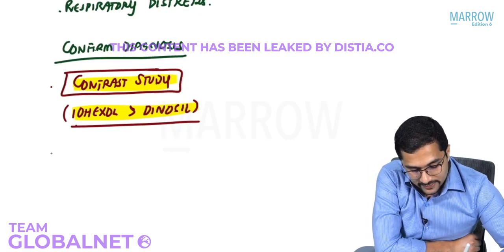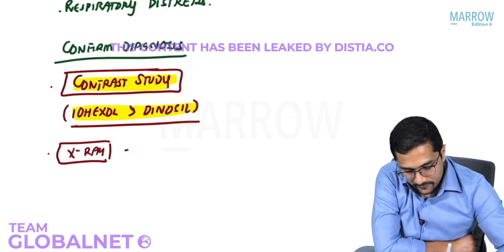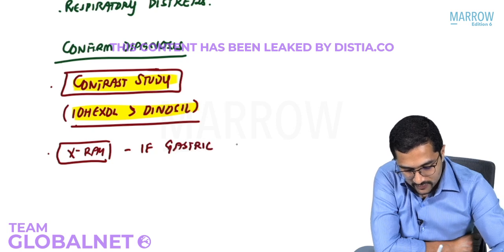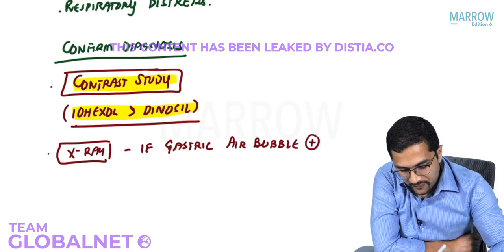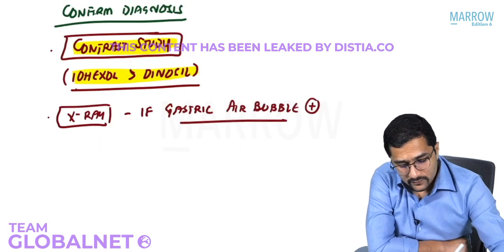Another indicator is that when we do an X-ray in these patients, if gastric air bubble is seen, or fundal air bubble is present, then that signifies two things for me. What does it signify?